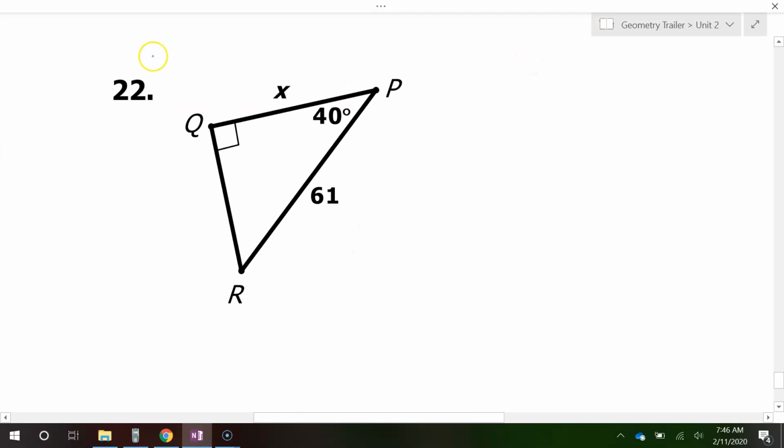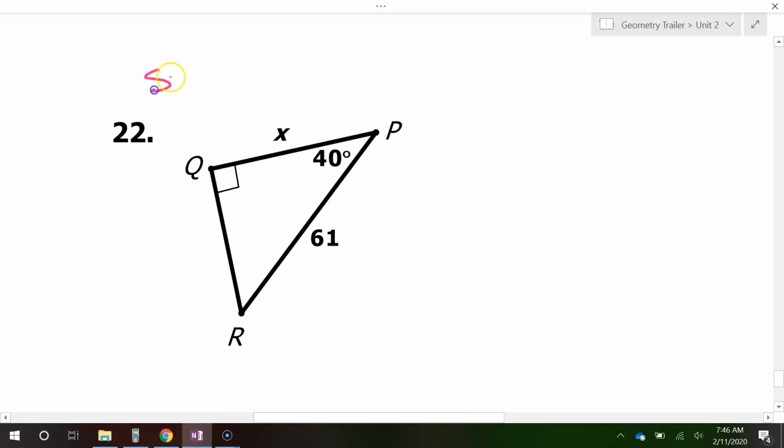Okay, again, SOHCAHTOA. All right, where is the hypotenuse? The hypotenuse is across from the 90-degree angle, so we always start with that. So here's the hypotenuse.